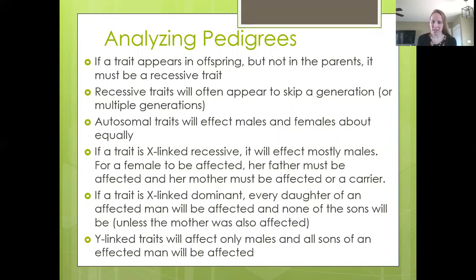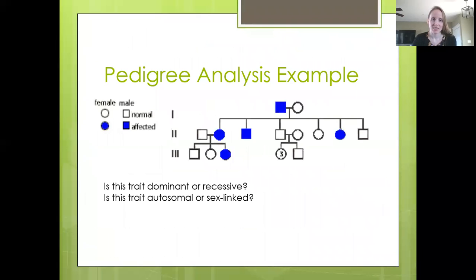And if it's only affecting males and no females, then it's Y-linked. If it's affecting males and females roughly in the same amount, then it's autosomal or not sex-linked. And then the next thing that we look at is whether it's dominant or recessive. Dominant traits will often show up in every generation, whereas recessive traits will skip at least one generation. And I'll show you what that looks like as well.